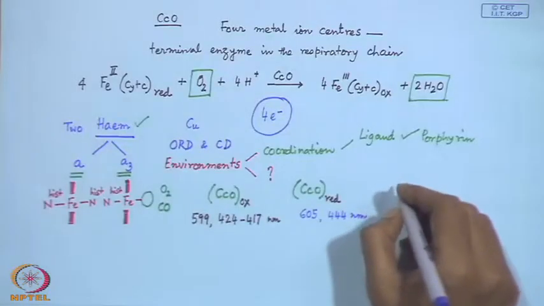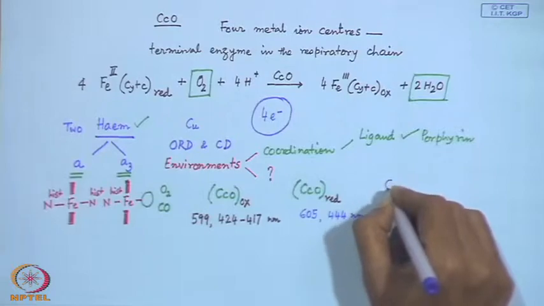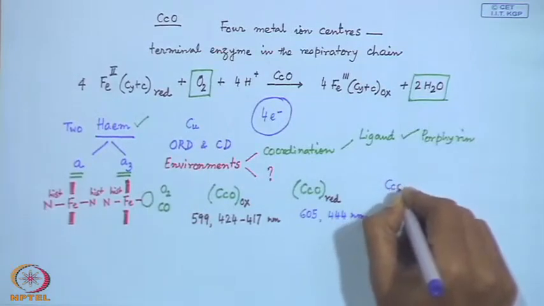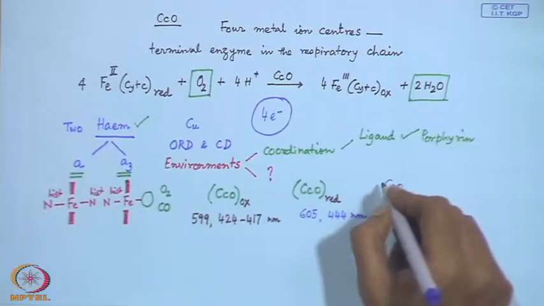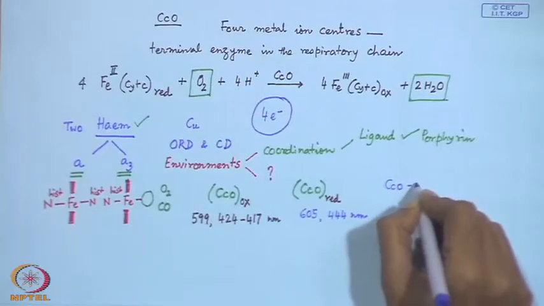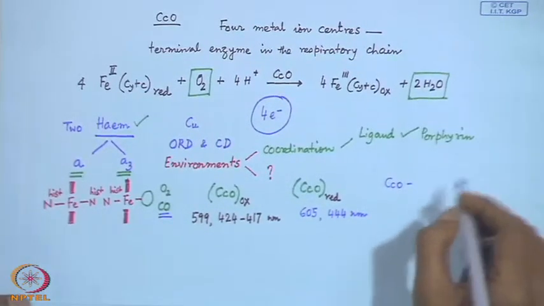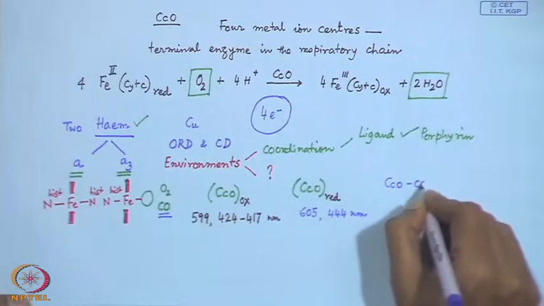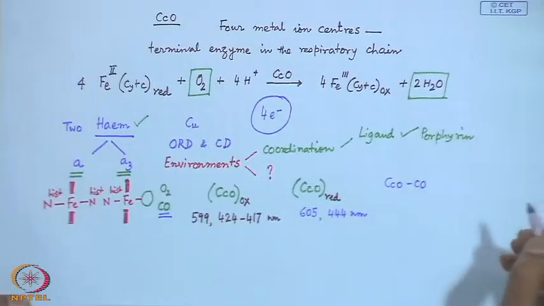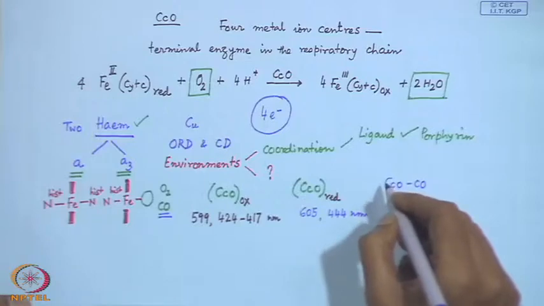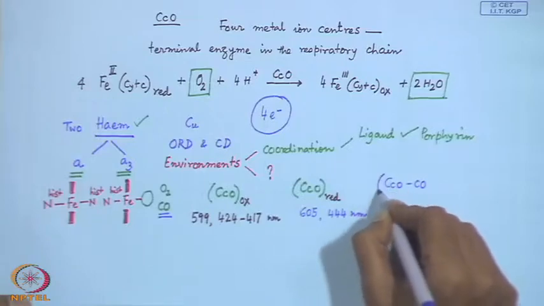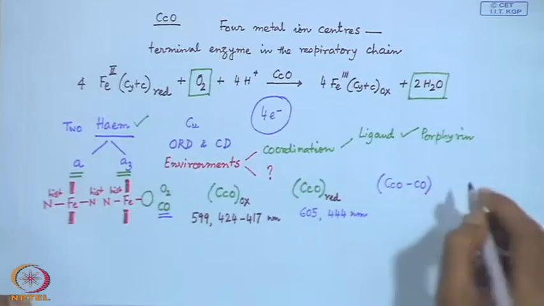Not only these characterizations based on UV visible spectra, but sometimes we can get some idea about the same cytochrome C oxidase through binding at the iron by carbon monoxide, because we all know that when it binds carbon monoxide it has different spectral properties.